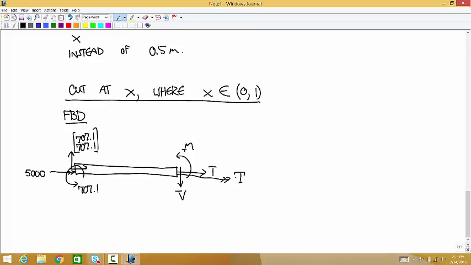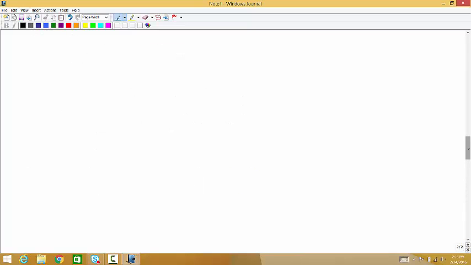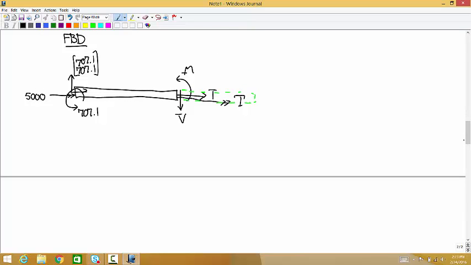It's just that now those have the potential to be functions of x instead of just values. And we're still excluding some part of the beam. We just don't know how much. We're excluding 1 meter minus x of it. We're going to keep the origin and the about point right here.